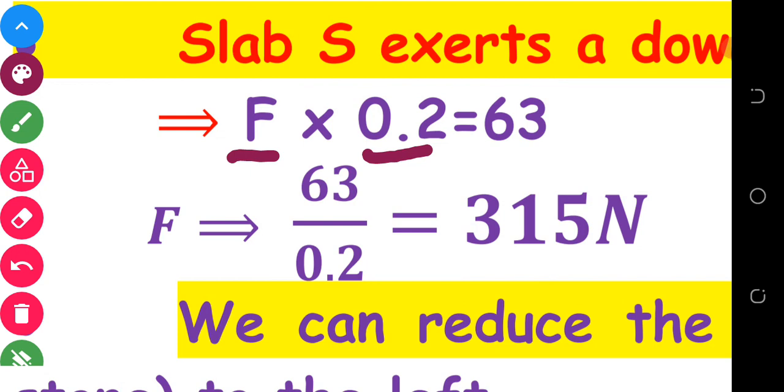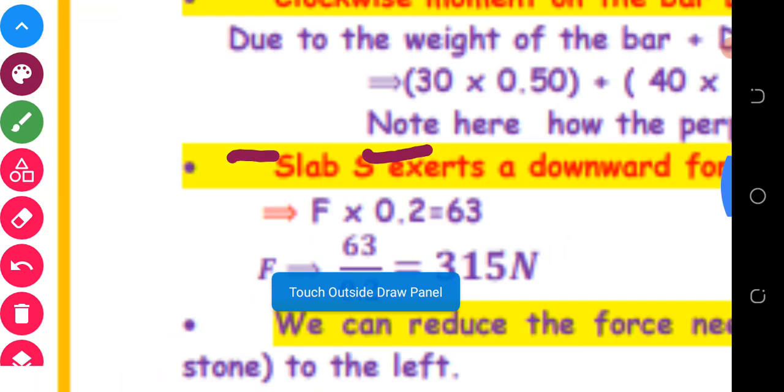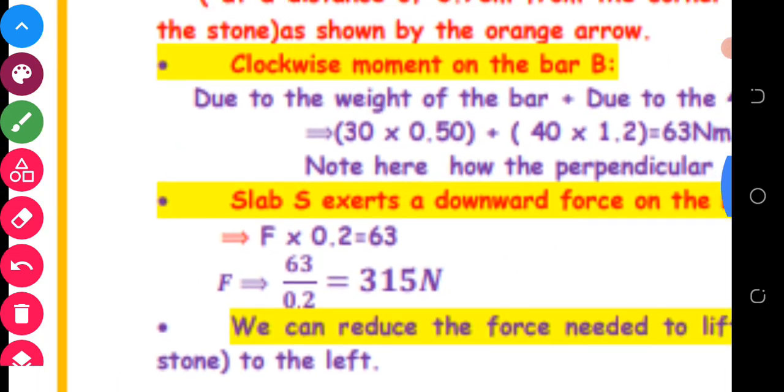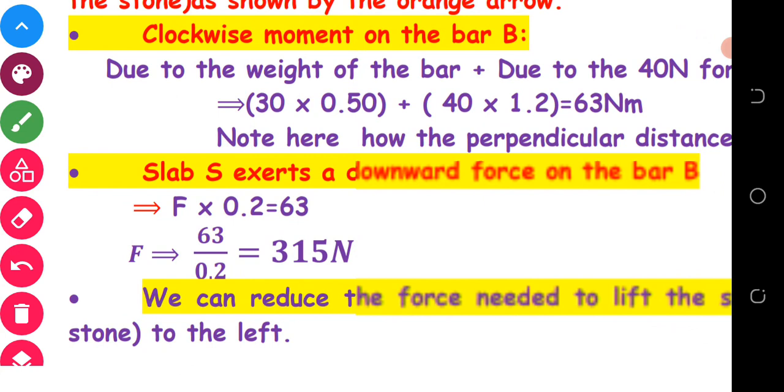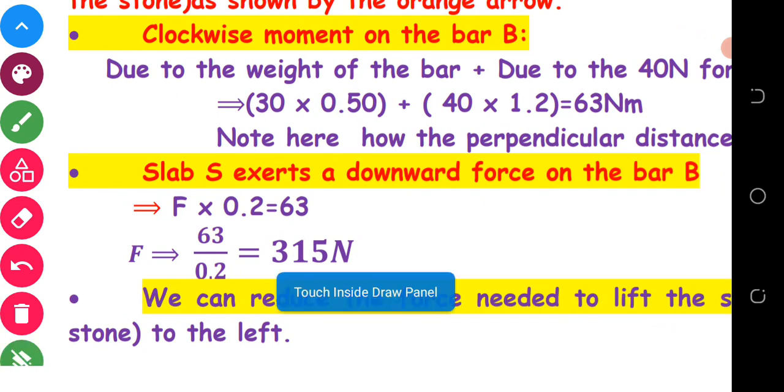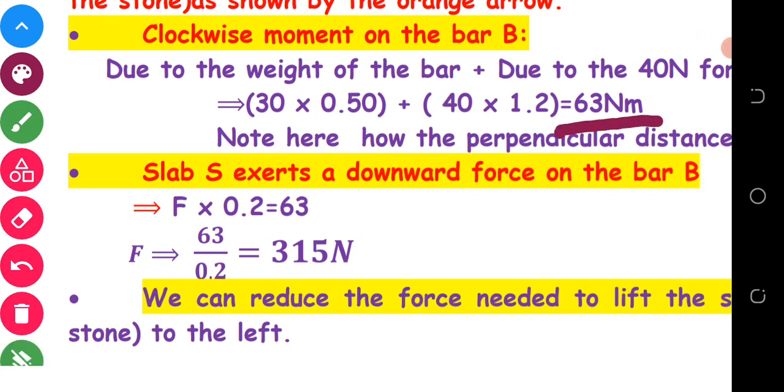Now, because this object is in equilibrium and we have found that the clockwise moment is 63 Newton meters, it means even our anti-clockwise moment must be equal to 63. So whatever force we have, if we multiply it by 0.2, it should give us 63.